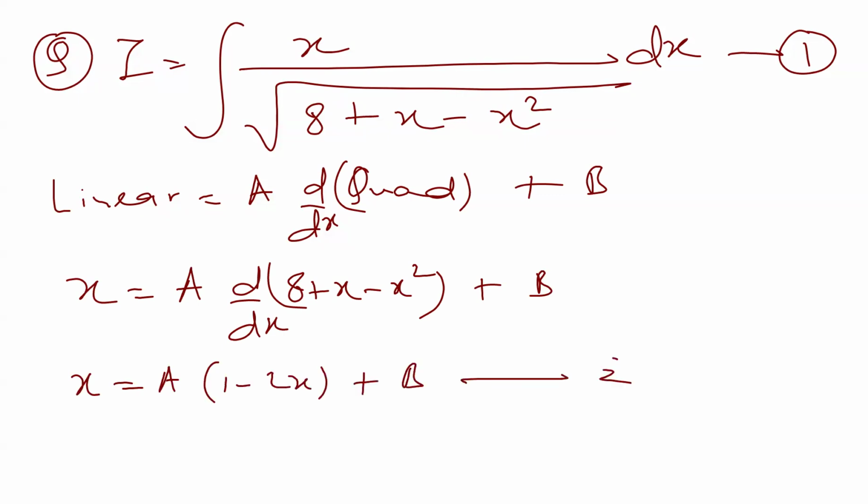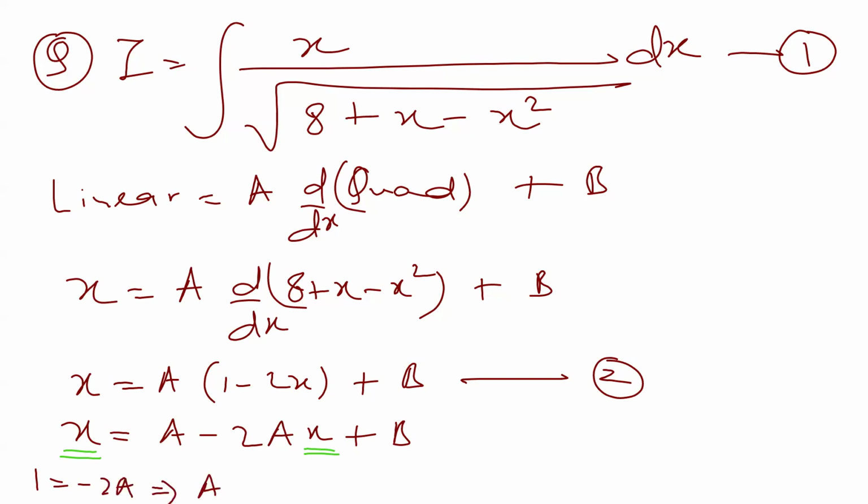Immediately after the derivative, whatever step comes, that is step number 2. So x is equal to a minus 2ax plus b. Okay, underline the x terms. Now by comparing, 1 is equal to minus 2a. This implies a is equal to minus half, right? And these were the x terms. Now the non-x terms. There is no non-x term in the left-hand side, so non-x term is 0.